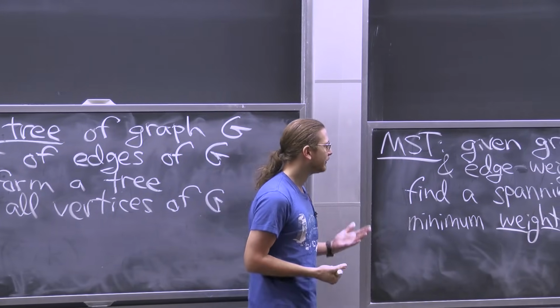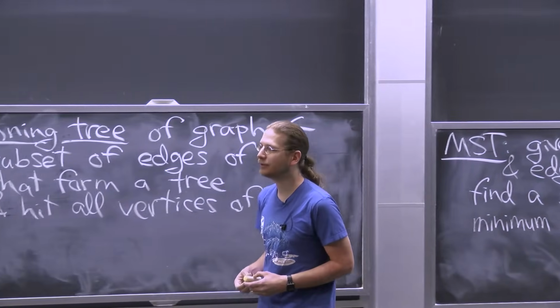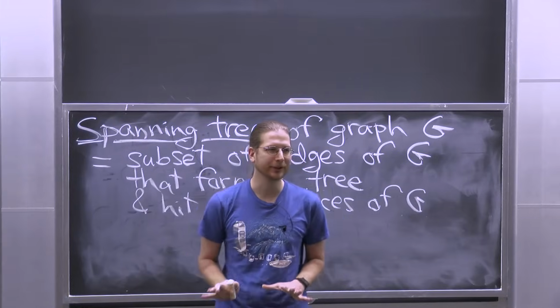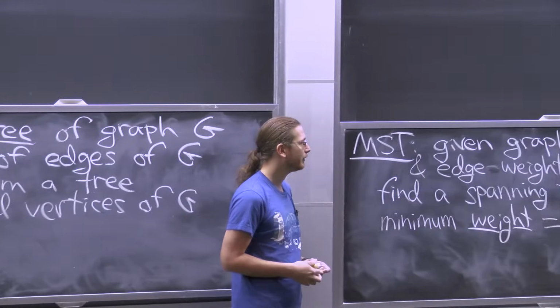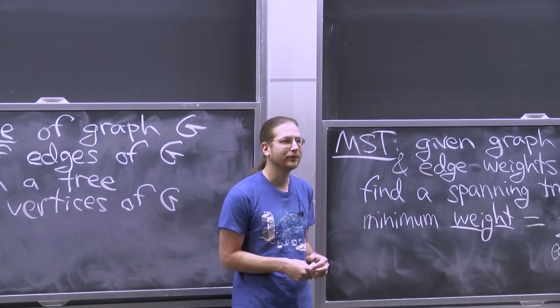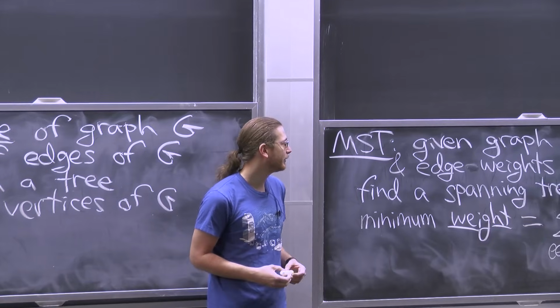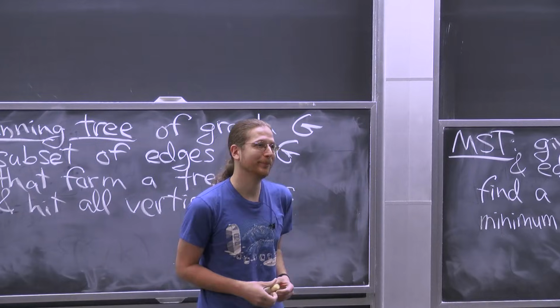It's a relatively simple problem, but it's not so easy to find an algorithm. You need to prove a lot to make sure that you really find the right tree. I guess the really naive algorithm here would be to try all spanning trees. Compute the weight of each spanning tree and return the minimum. That sounds reasonable.